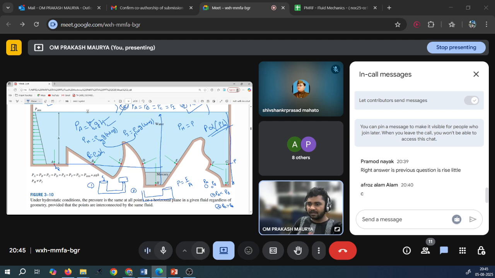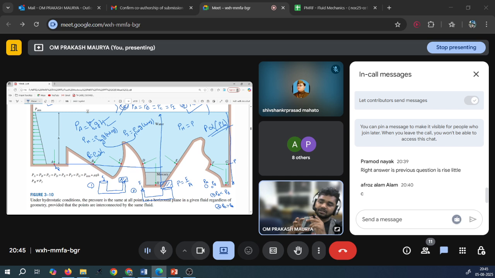So here again I'll ask one question. Here I am applying the same force F, here also I am going to apply F, and this is something different, and this is something different.